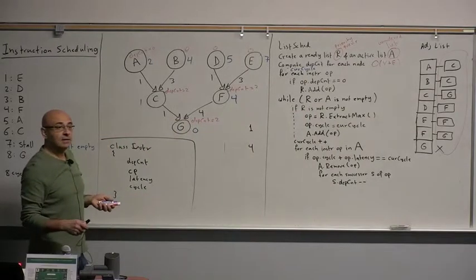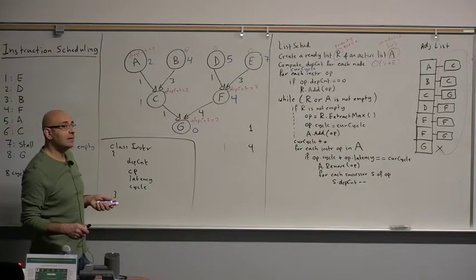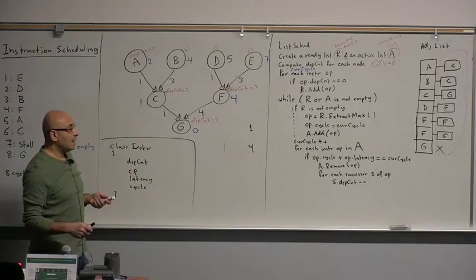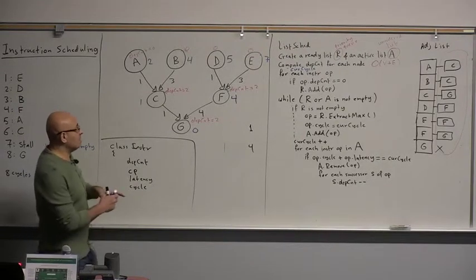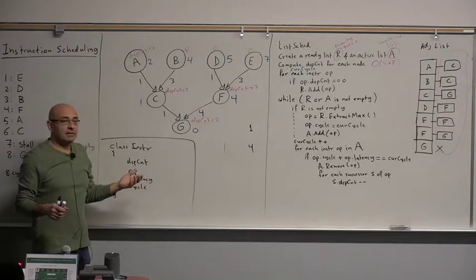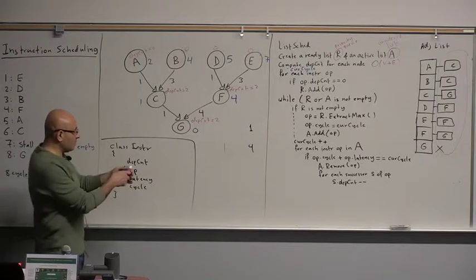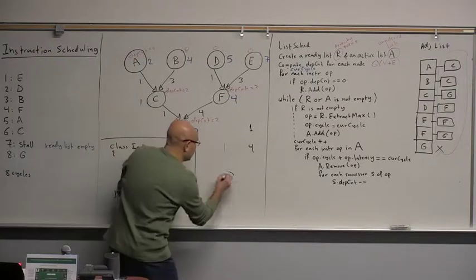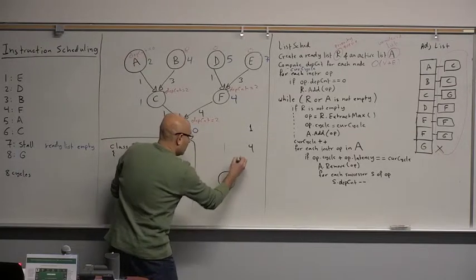Then add S to the ready list if its depth count is 0. Exactly, only if the depth count is 0, because if the depth count becomes 1, it's not ready yet. So an instruction may depend on many other instructions. In general, this is the S. This is op.